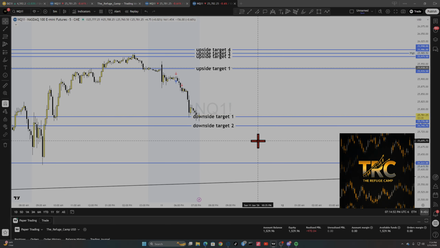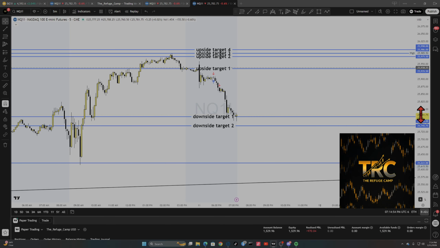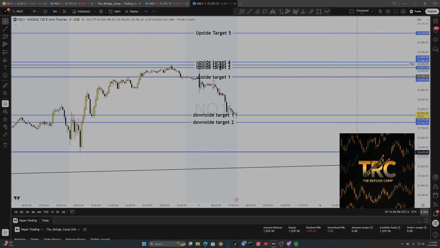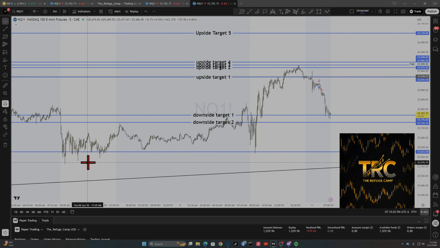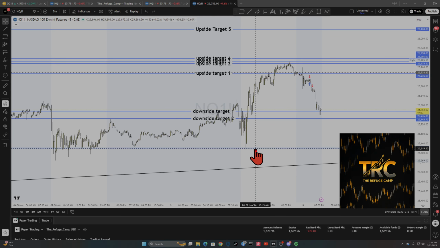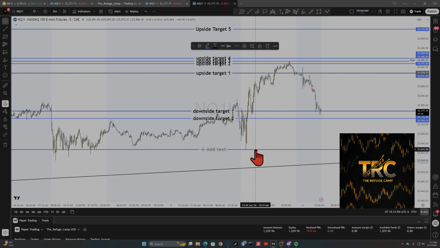Okay, so let's go look. Now look, here we have that 15-minute target, right? Our support. So let's look left, and we can clearly see that just by the overlap, we need to adjust this down a little bit. So let's see if I drag it down to the candle bodies, I like that better.